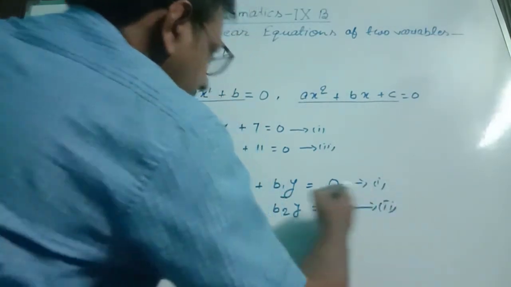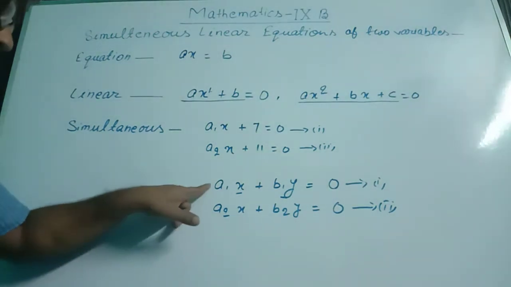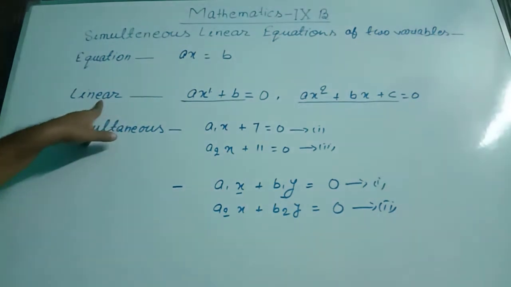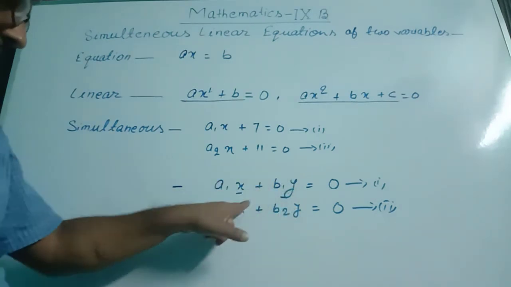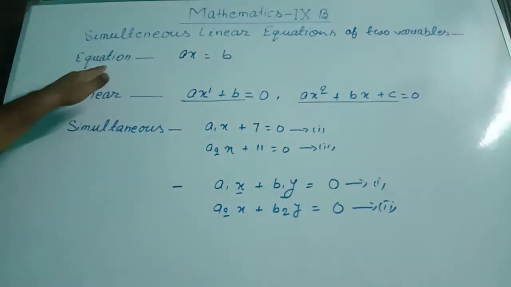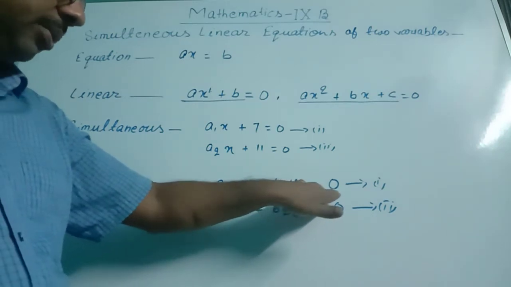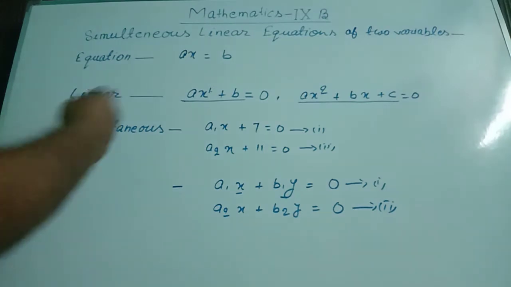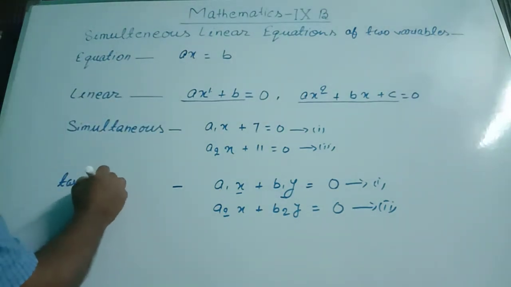So this became the example of simultaneous linear equations. Simultaneous means pair. Linear means the power of the variable should be 1. And equation why? Because this algebraic expression is equal to a constant term. So this is the simultaneous linear equation of two variables.